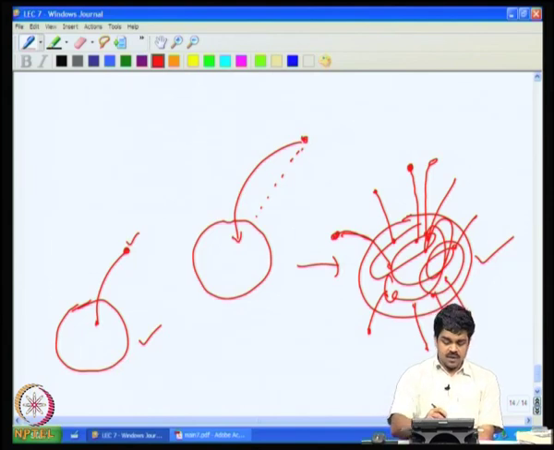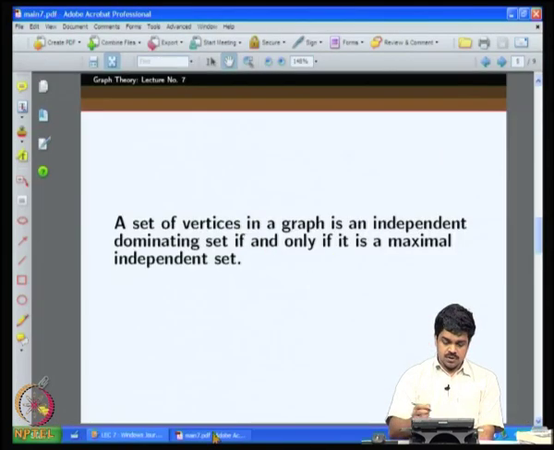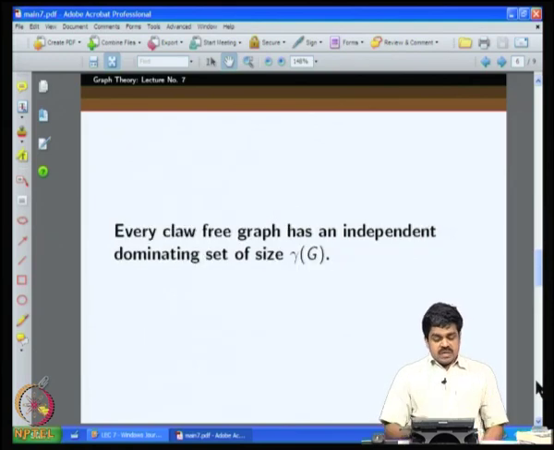Now, we will look at an interesting statement about independent dominating sets. It says every claw-free graph has an independent dominating set of size gamma of G. Remember, gamma of G is the cardinality of the minimum dominating set without any constraint.